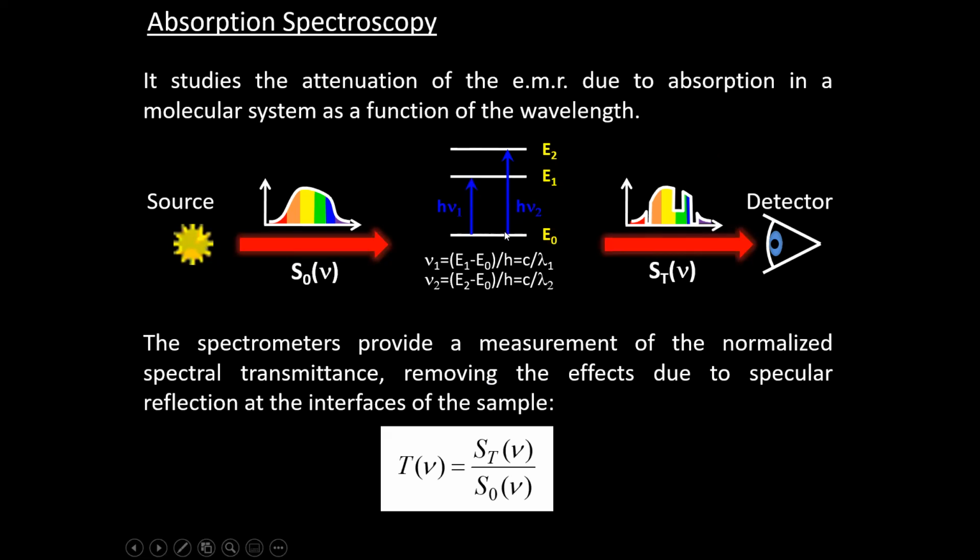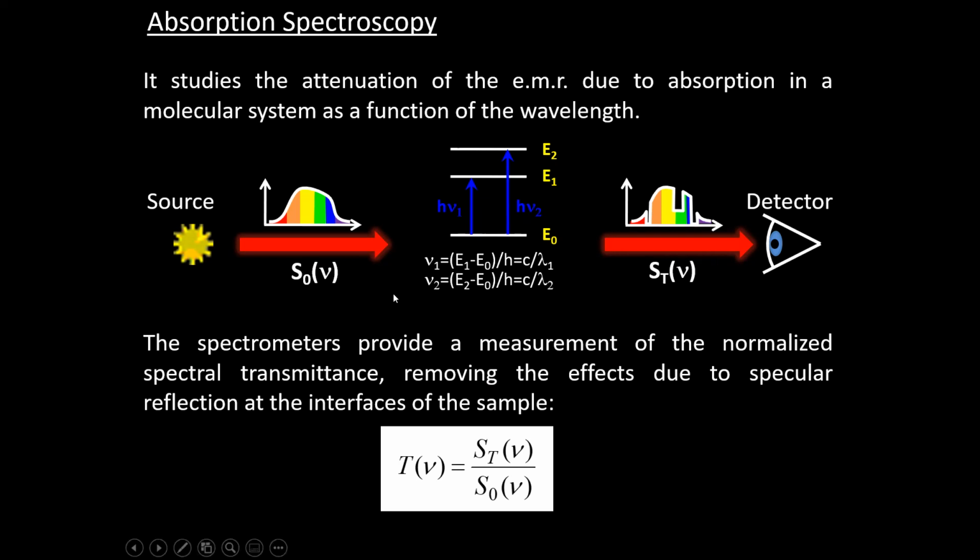Then if this molecule is characterized by certain energy transitions, say, for example, between E0 and E1, or from E0 to E2, you will see that these photons will be absorbed, and you will miss here the photons at that frequency. The same, you will miss photons at this frequency. So you will see holes in the transmitted spectrum corresponding to the transitions of the molecule. And of course, the frequencies that are missing are given by the difference of the energy states divided by the Planck constant.